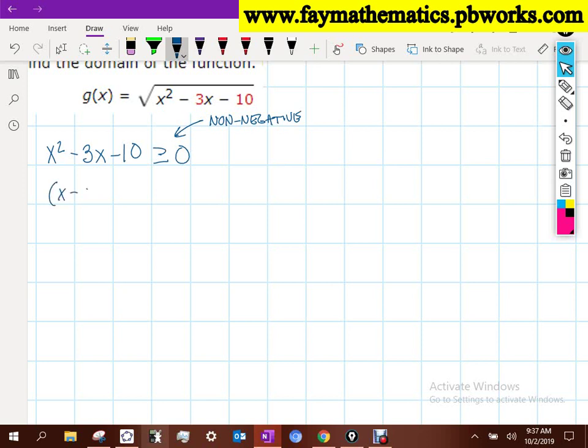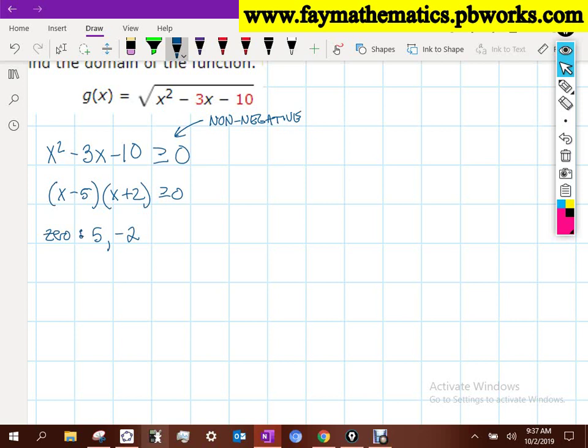I'm going to factor this to x minus 5 and x plus 2. That's going to give me 2 zeros, right? That's going to give me the 0 of 5 and the 0 of negative 2, right?